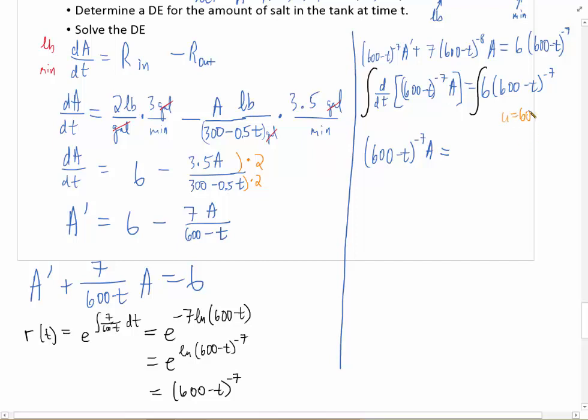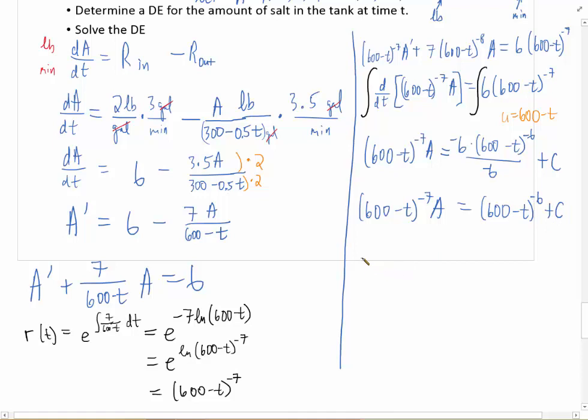If you let u equal 600 minus t, and du is negative dt, we end up with 6 times, we would need a negative, right? Because du is going to be negative dt, so negative 6. We'd have 600 minus t to the negative 6th over negative 6 plus a constant. It just ends up being a power rule. The negative 6's reduce out, so I now have 600 minus t to the negative 7th times A is 600 minus t to the negative 6th plus a constant.